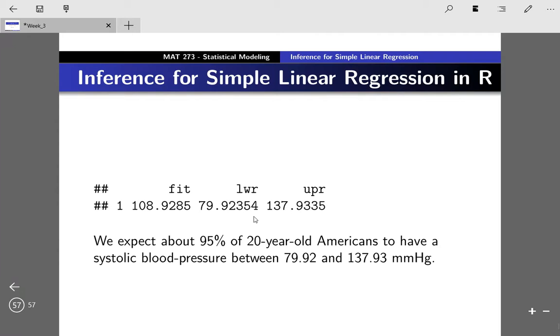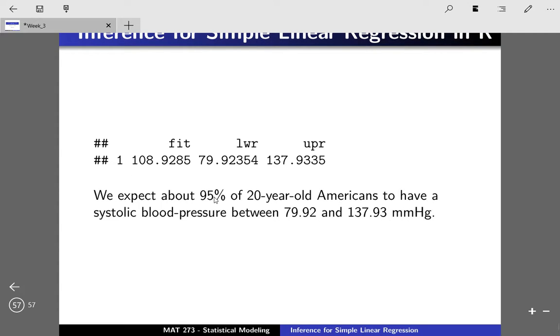Interpreting this interval, we'd say we expect about 95% of all 20-year-old Americans to have a systolic blood pressure between the lower and upper bound values. And so that's it for interpreting and calculating mean and prediction intervals.